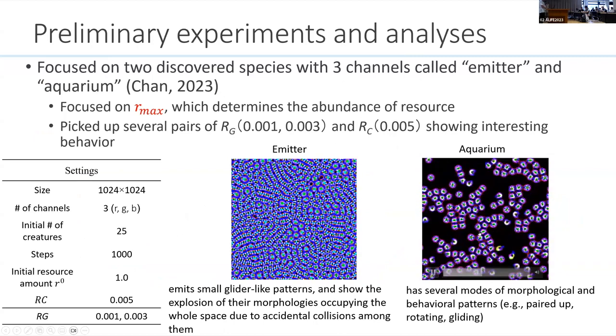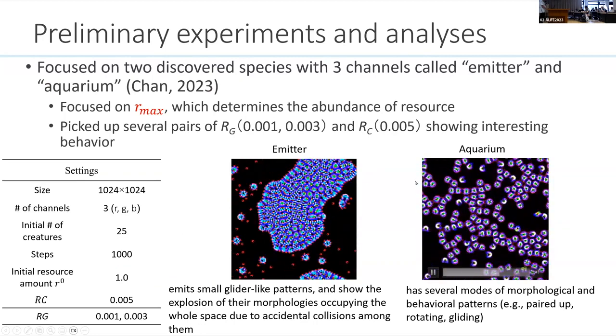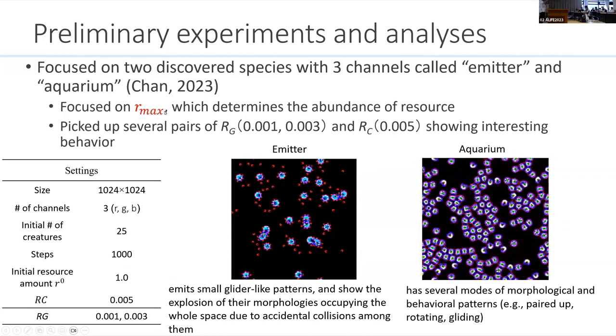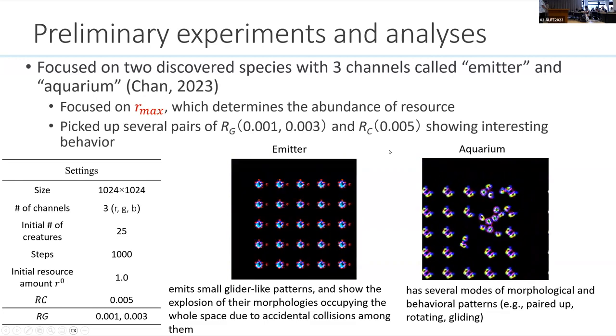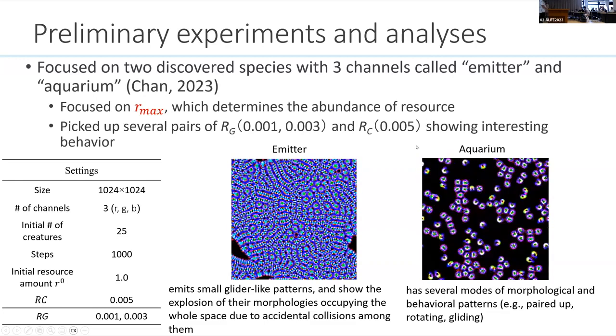And aquarium has several modes of morphological and behavioral patterns like this. And we focus on how the Rmax upper limit value of resource can affect the behavior. So Rmax determines the abundance of resource.